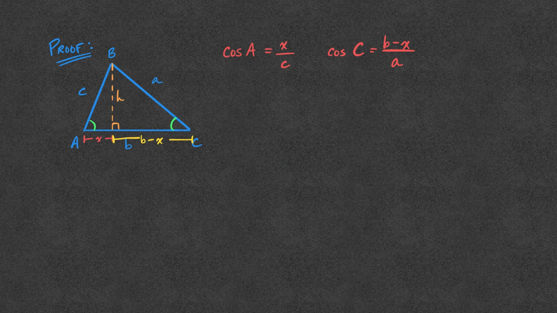I could then say that my one side, x squared, plus my other side, h squared, has to give me my hypotenuse squared, c squared. There is a Pythagorean relationship on the left right triangle. I could do the same thing on the right triangle. I know that b minus x squared plus my h squared has to give me my a squared.